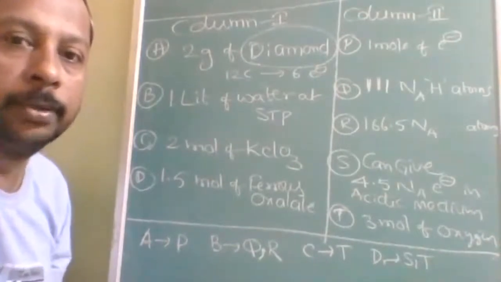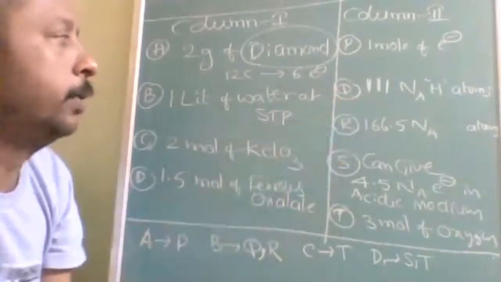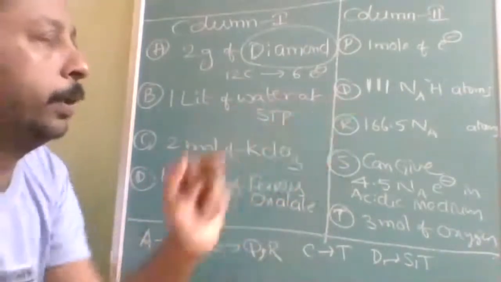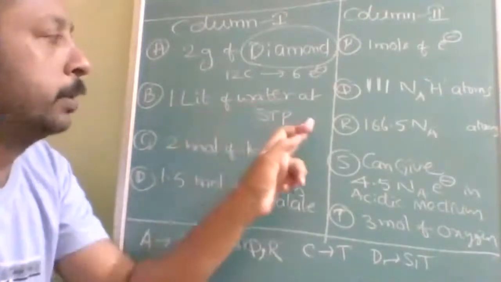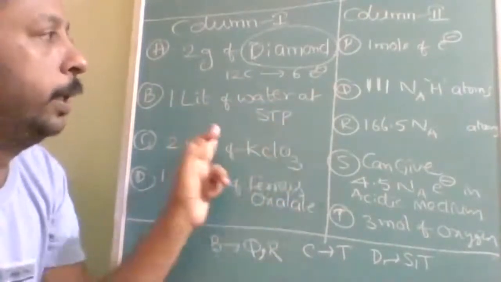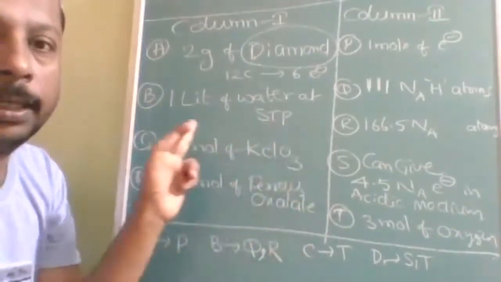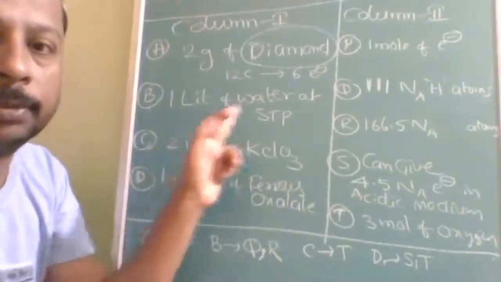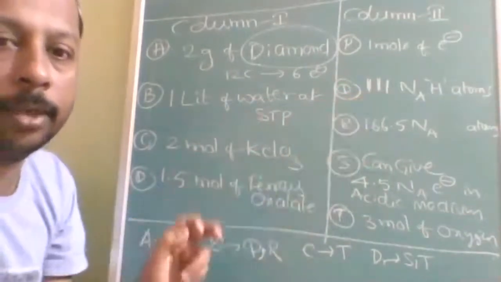So it is not possible. Like that, triple one hydrogen atoms, that you can compare. How will you compare? 18 grams means 2 moles of hydrogen atoms. Then 1000 grams equals how many hydrogen atoms? Then you will get the Q answer.